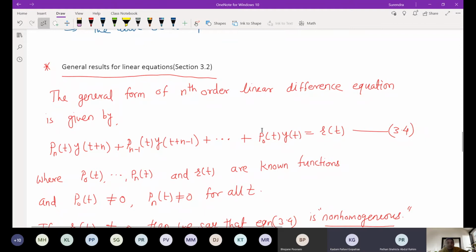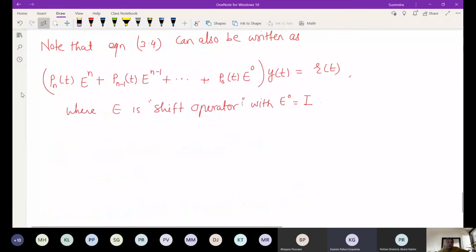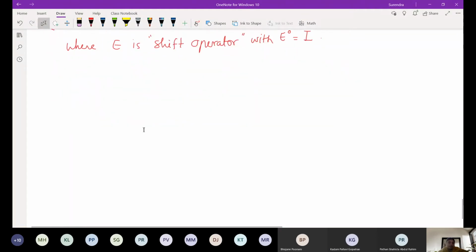And P0t is as it is, yt is nothing but I can write as identity, so E0. Is that okay? So 3.4 also can be written as like this, which is in terms of shift operator.